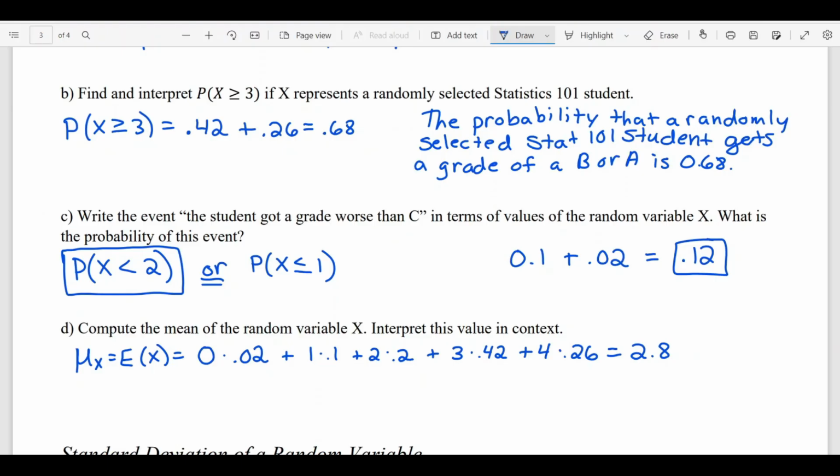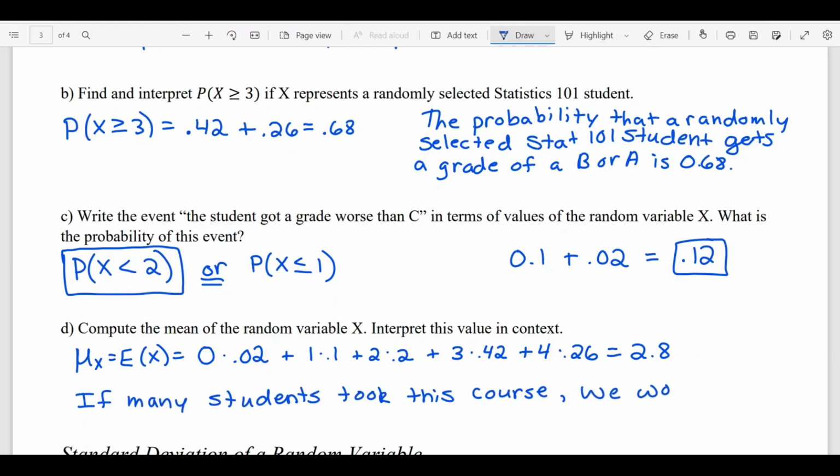When we go to interpret it, it might sound a little weird, because how do you get 2.8 on the grading scale when you have discrete values? But that's just the consequence of the mean here. So we would say, if many students took this course, we would expect an average grade of 2.8.